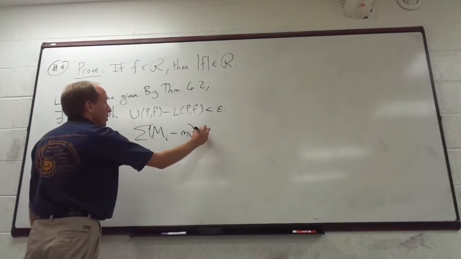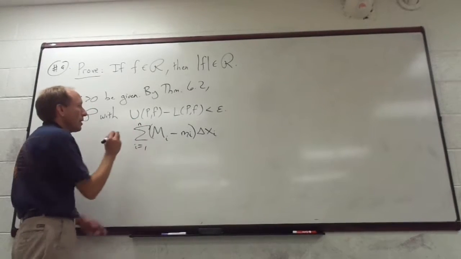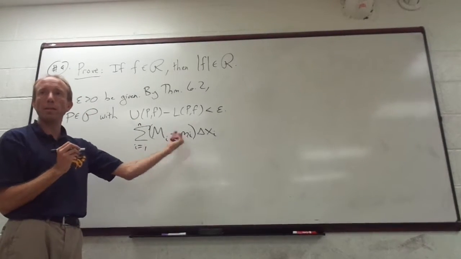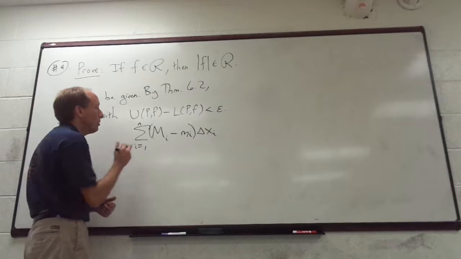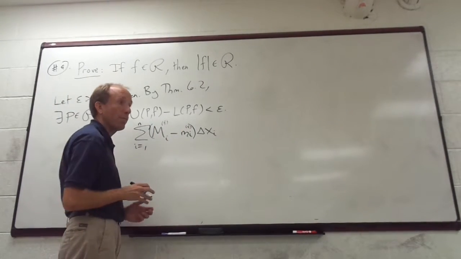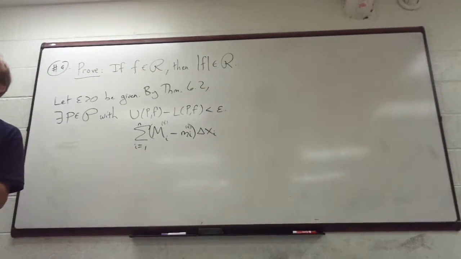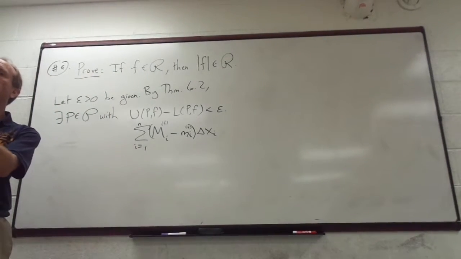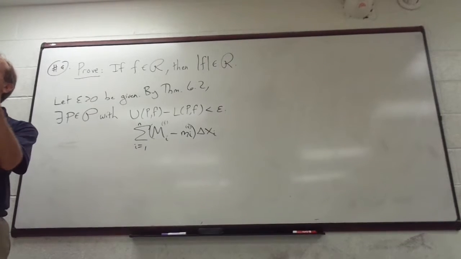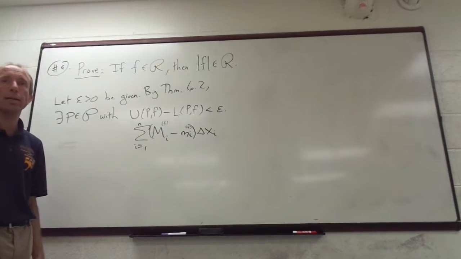Okay, what I'm going to do is factor the delta x_i out, so I can factor out the delta x_i, and I'm just subtracting the big M_i's and the little m_i's. And I could emphasize that these are the big M_i's and little m_i's for f. So you're taking the supremum and infimum values of the original function little f on the subinterval corresponding to delta x_i.